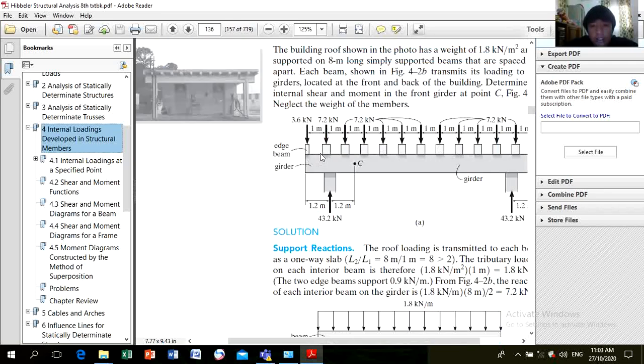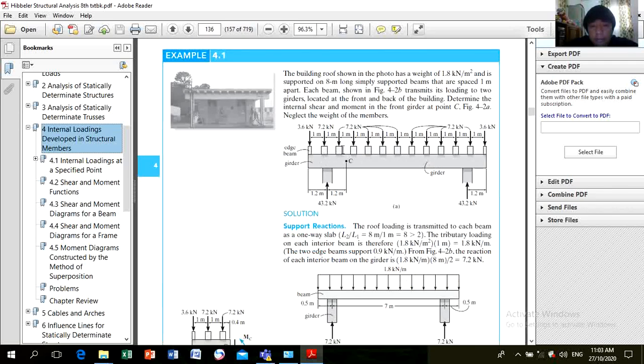So here, these are the beams. All internal beams carry 7.2 kilonewtons, while the end beams carry 3.6. Okay? So all beams are spaced by 1 meter.